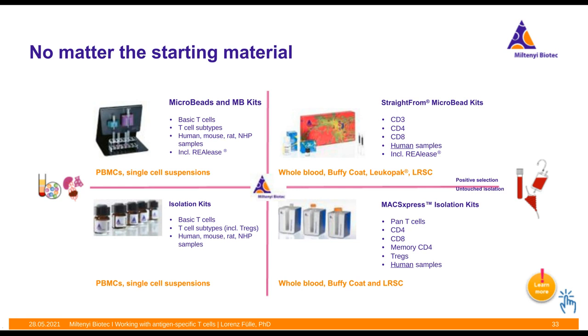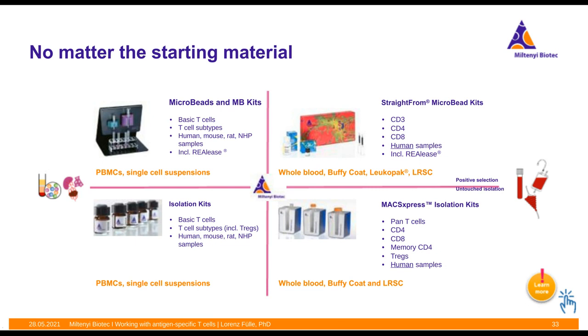The MACS technology comes in 4 different approaches to reflect your different starting materials. First, we have the microbeads and microbead kits, which are made for the positive T cell separation from, for example, PBMCs, but also various other sources, for example tissues, or label-free cell separation.